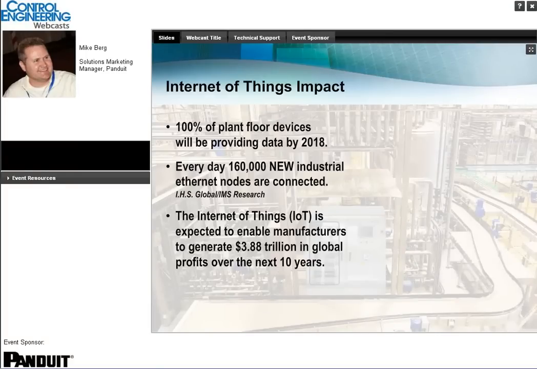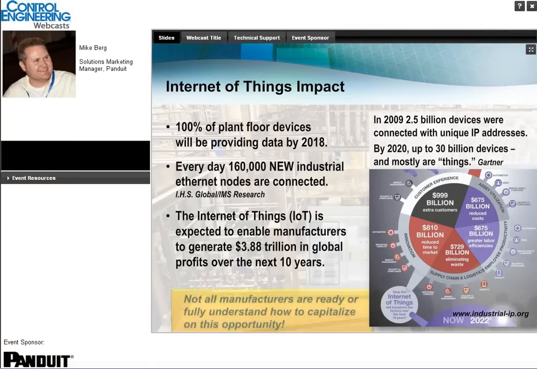This drive to connect devices and gain value is captured by the concept of the Internet of Things. The value at stake over the next 10 years with the Internet of Things is calculated at about $3.9 trillion for manufacturing. How that value is going to be represented for end users is in innovation and efficiencies, employee productivity, asset utilization, and an improved customer experience.